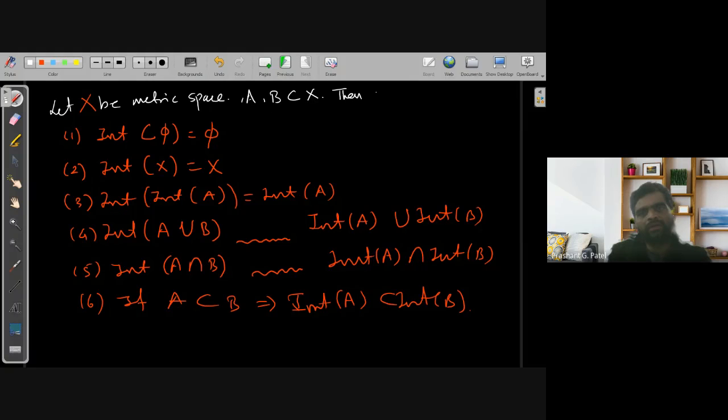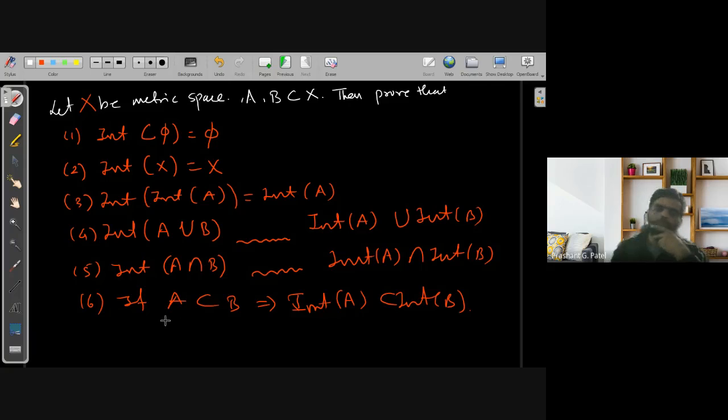Then prove that interior of phi is equal to phi. Interior of X is equal to X. Interior of interior of A is equal to interior of A. And I have told you to think about what sign you can put here also.